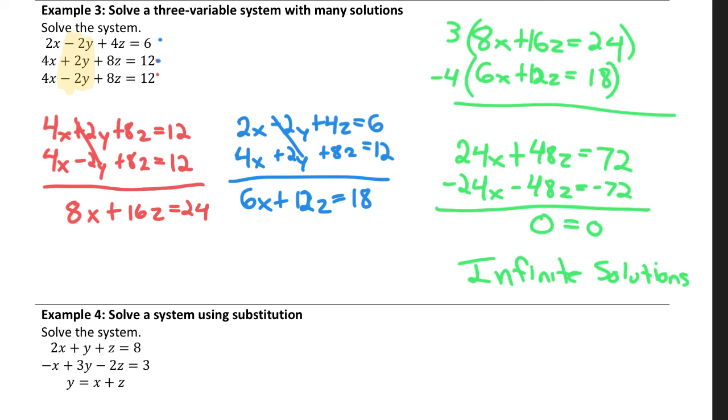So my first step, I took equations 2 and 3 and I eliminated y, and I got 8x plus 16z equals 24. And then in my second step, I used equations 1 and 2 to eliminate y, and I got 6x plus 12z is 18.